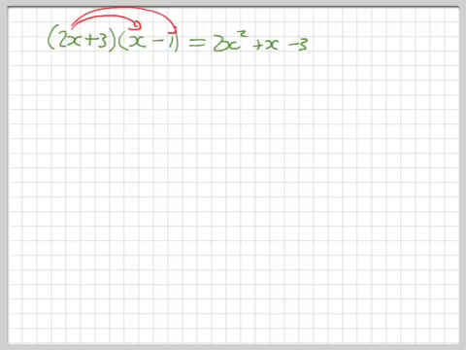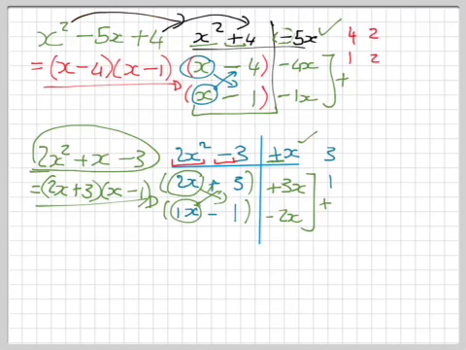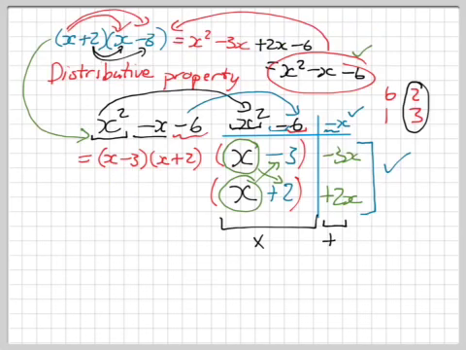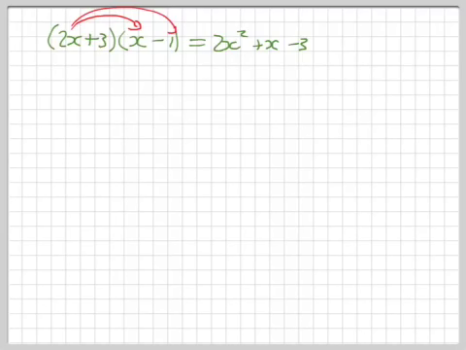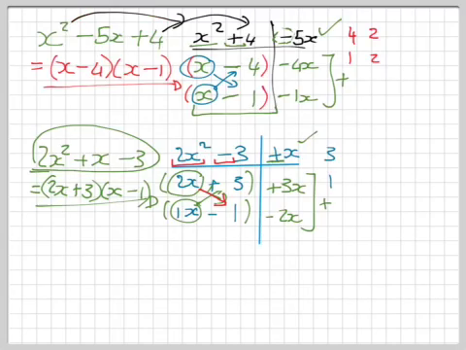But ladies and gents, that is exactly what we did there. 2x times by negative 1. And if I look at the last one where I say 3 times by x, well, ladies and gents, that's exactly what I did there. 3 times by x.